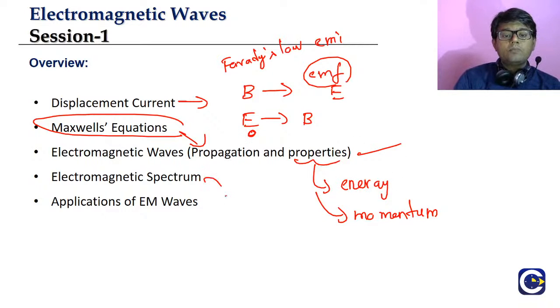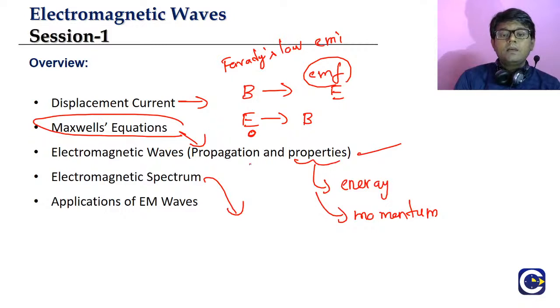Then we look at the electromagnetic spectrum, which focuses on certain important ranges of wavelength or frequencies that are given specific names, like a certain range of frequencies we'll call microwaves.